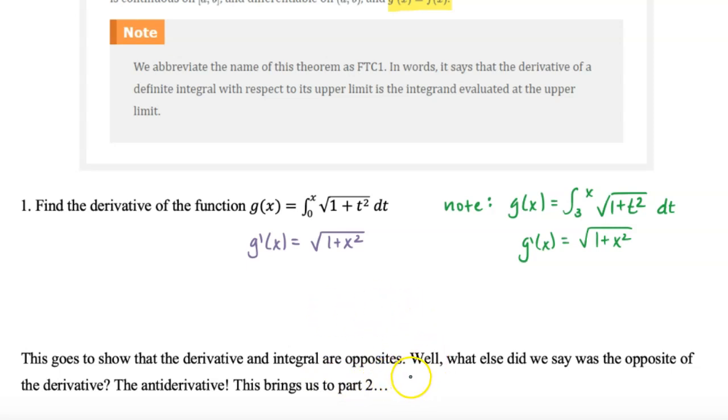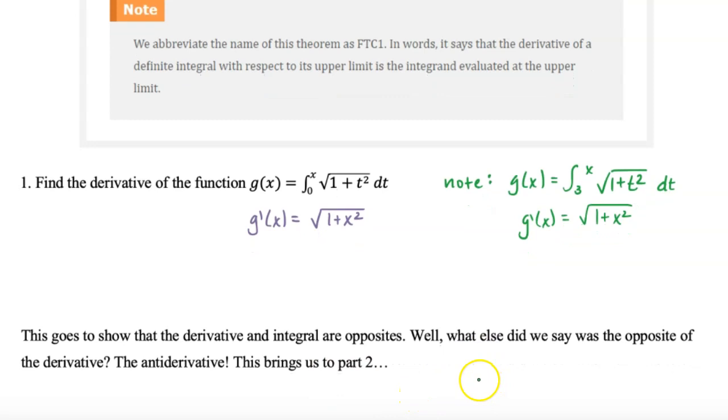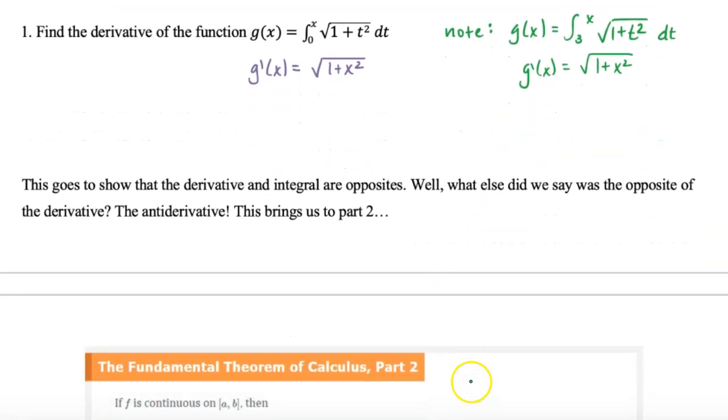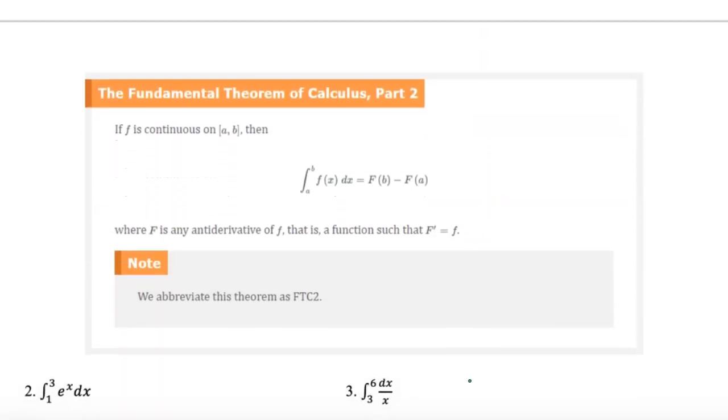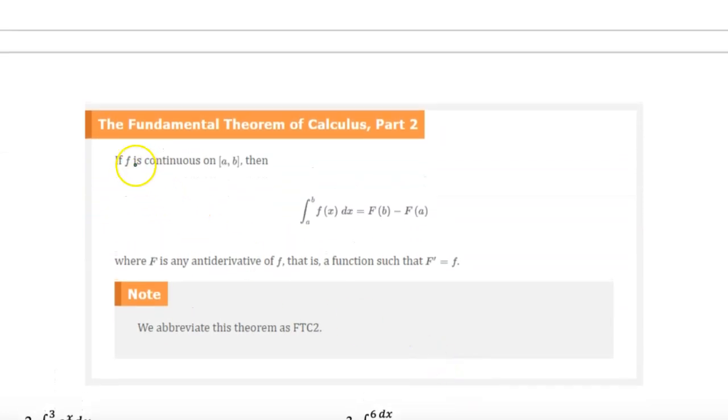Well, what else did we say was the opposite of the derivative? Well, we have the antiderivative, quite literally the opposite of the derivative. And so this is going to bring us to part 2 of the fundamental theorem of calculus, which is a little bit more useful. If f is continuous on the closed interval from a to b, then the integral from a to b of f of x dx is equal to, remember what these capital F's denote? They just show that this is the antiderivative.